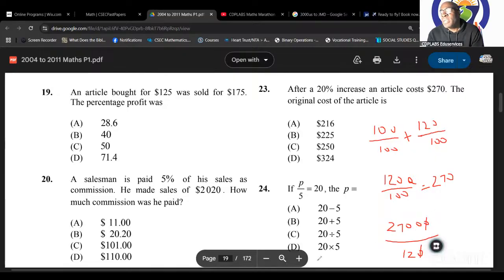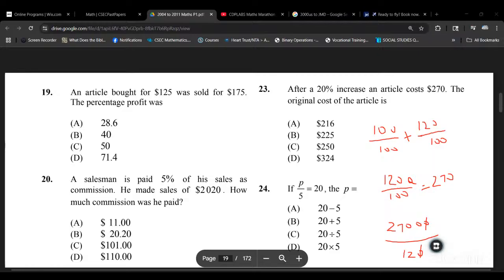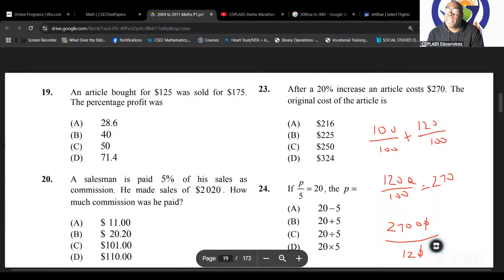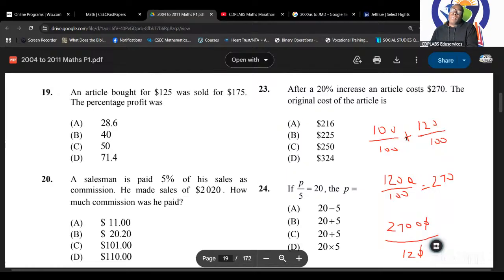So let's see how much 2,700 divided by 12 comes to. 225. Same answer. Right?